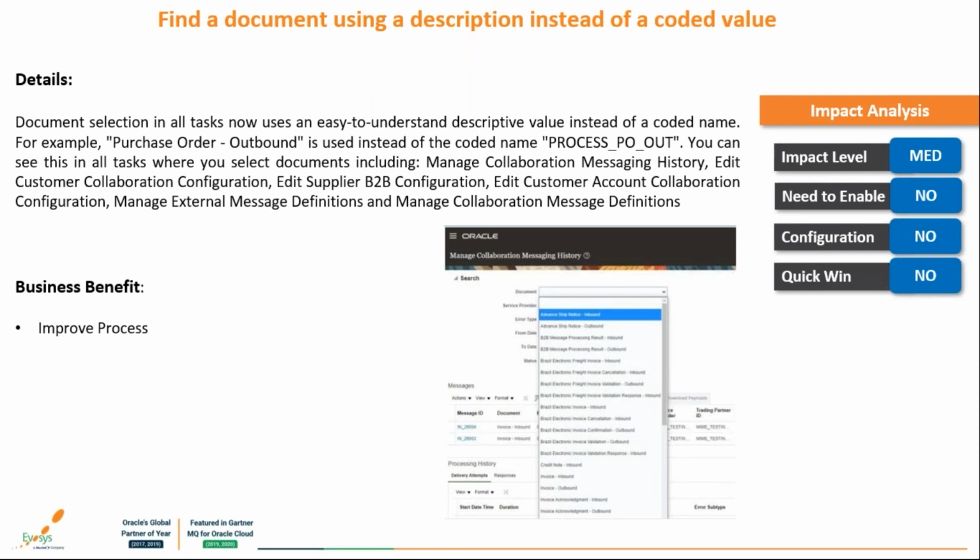Manage collaboration messaging history, edit customer collaboration configuration, edit supplier B2B configuration, edit customer account collaboration configuration, manage external message definitions and manage collaboration message definitions are all examples of tasks where you can select documents.